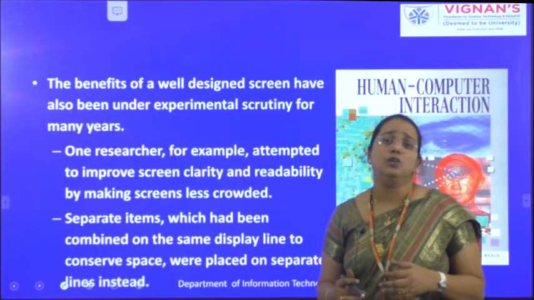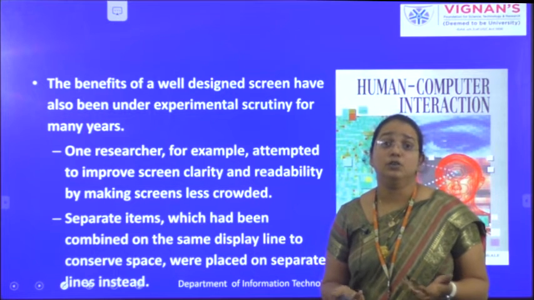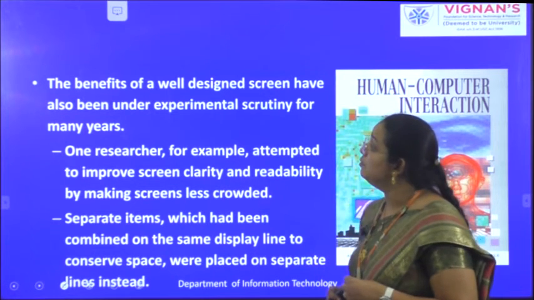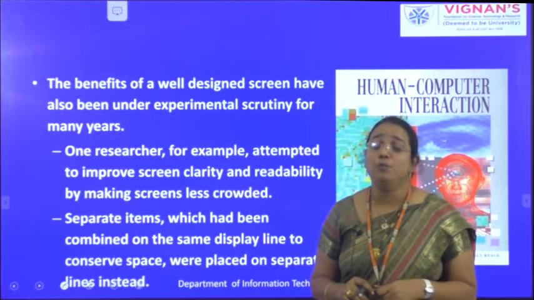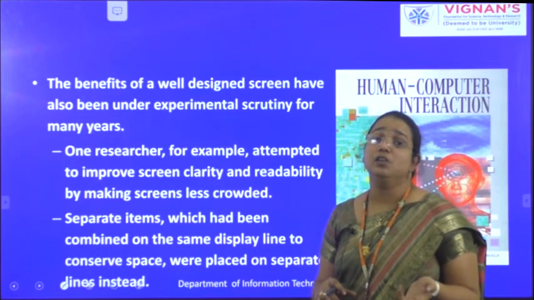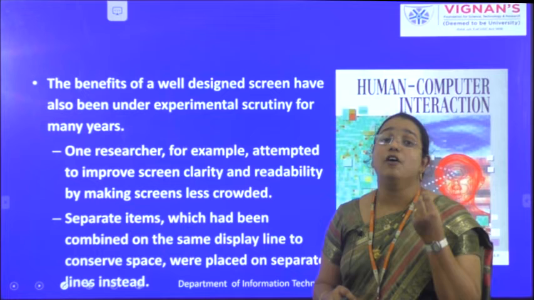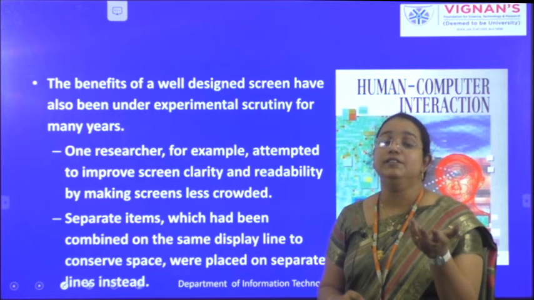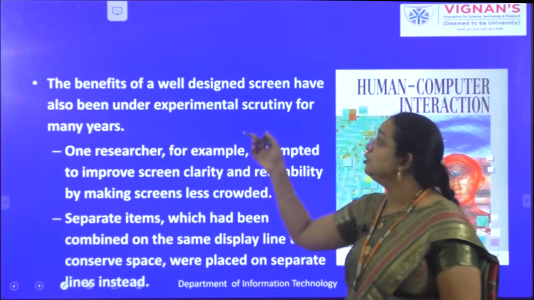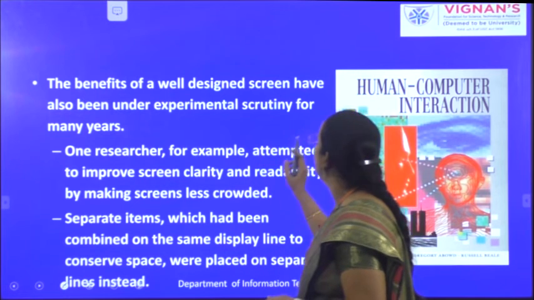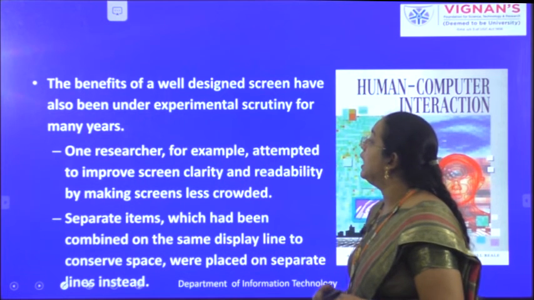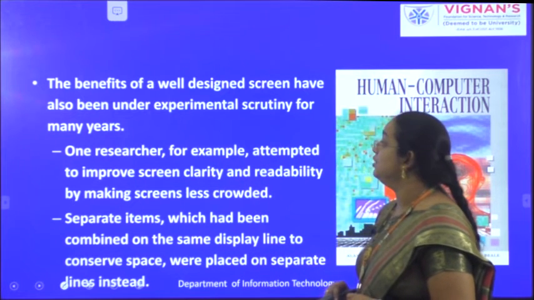So the most valuable thing is time. The disadvantage of poor design is that we lose our valuable time dealing with those screens. If you move on to the benefits of well-designed screens, they have also been under experimental scrutiny for many years.